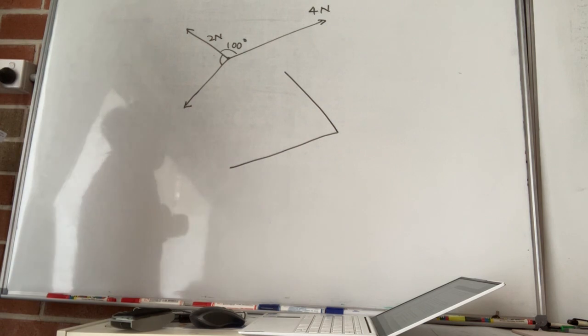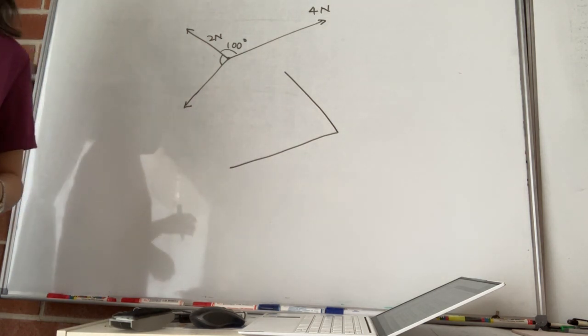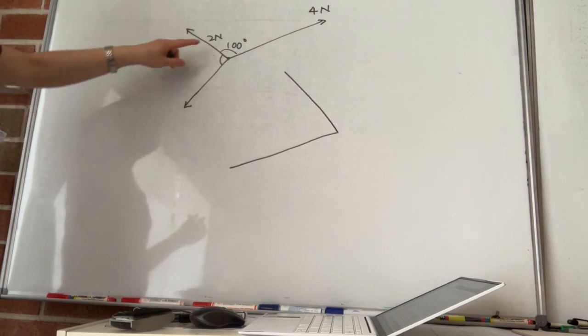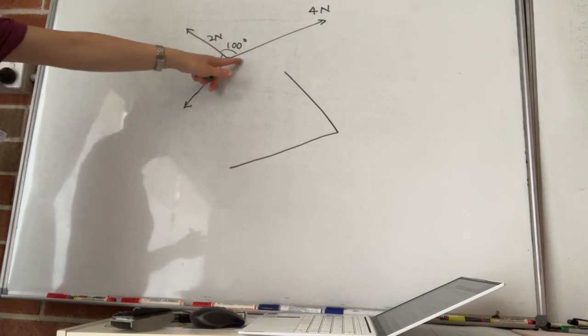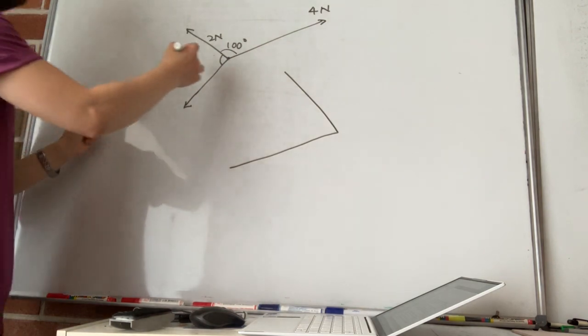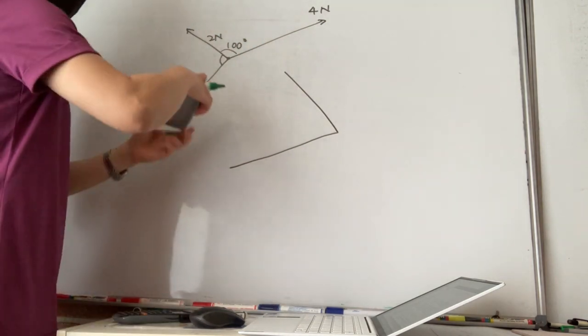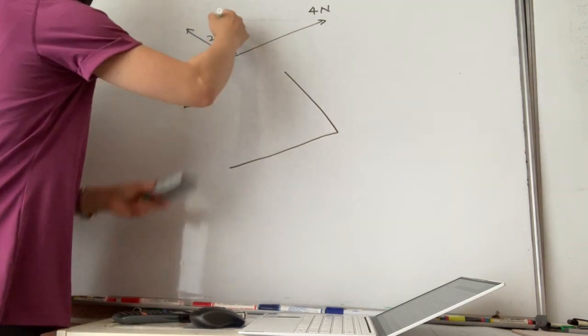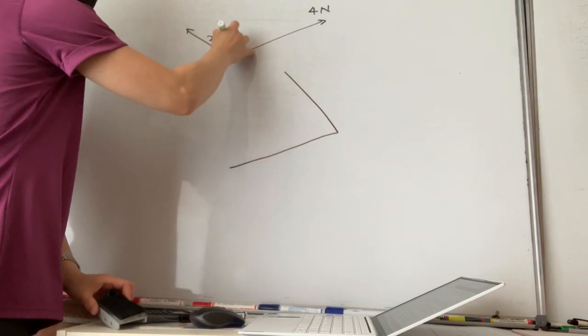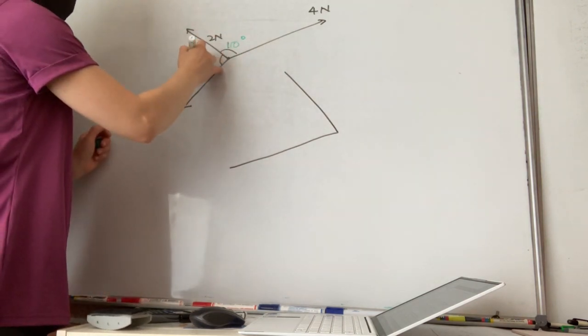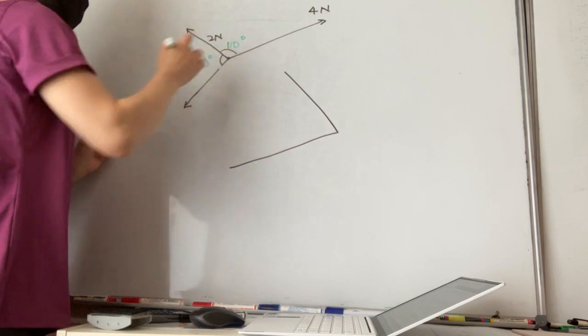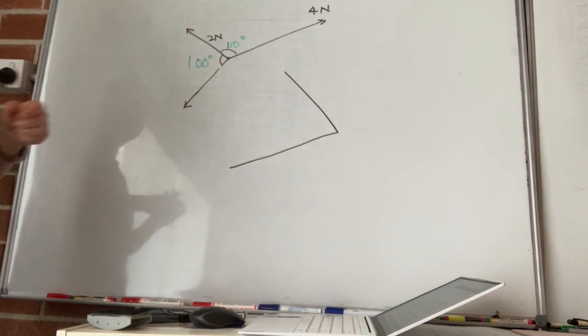Then wouldn't you create the other angle? Any one of them. So if I say this is 100 and this one is less than 180, let's make it a bit bigger: 110. And this one is 100. Okay, let's keep it that way.